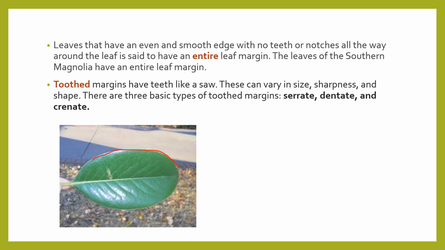The second one is toothed margins. This one has teeth like a saw. These can vary in size, sharpness, and shape. So according to their differences in shape, sharpness and size, they are divided into 3 types of toothed margin: serrate, dentate, and crenate.